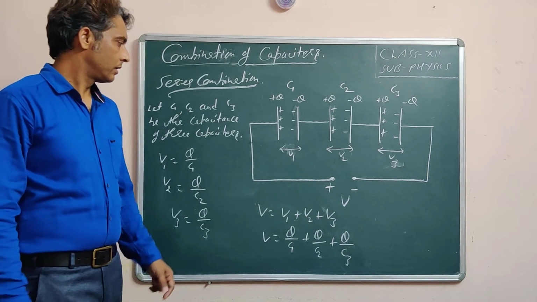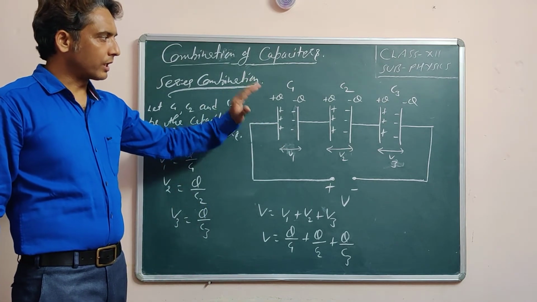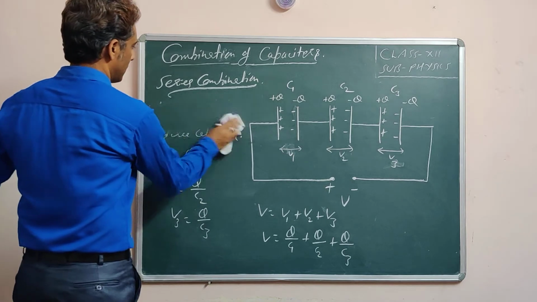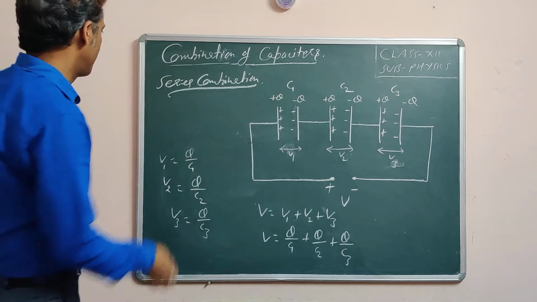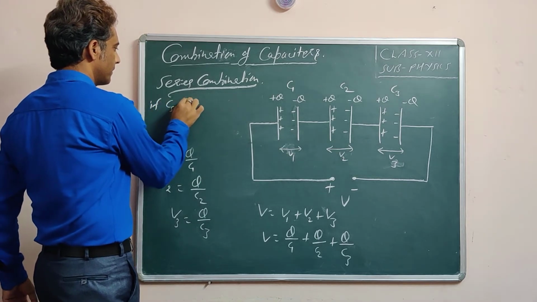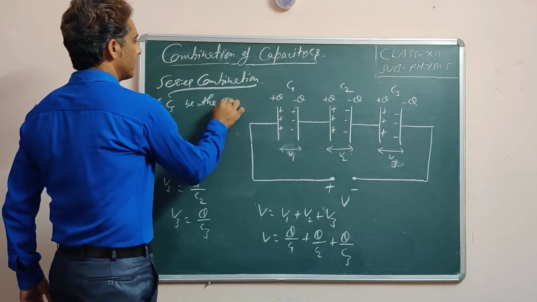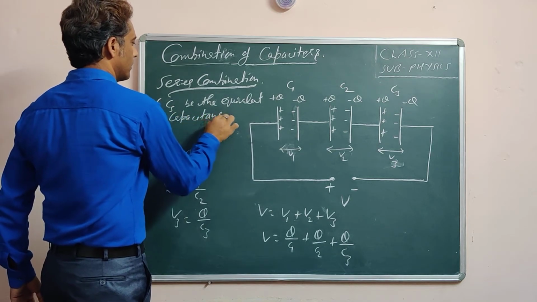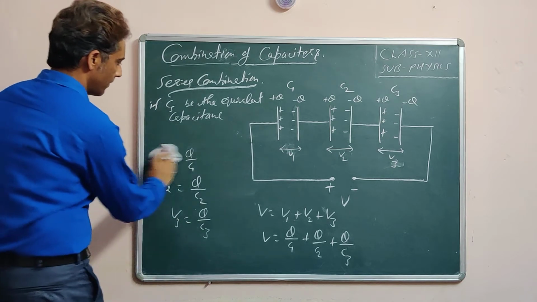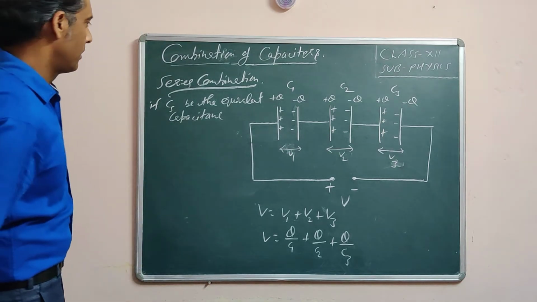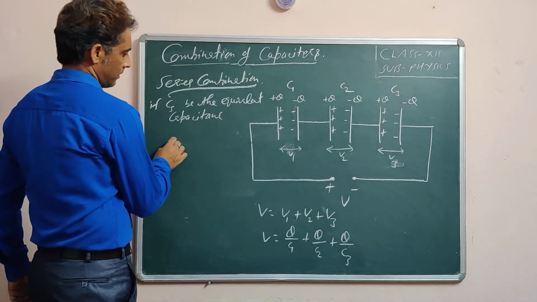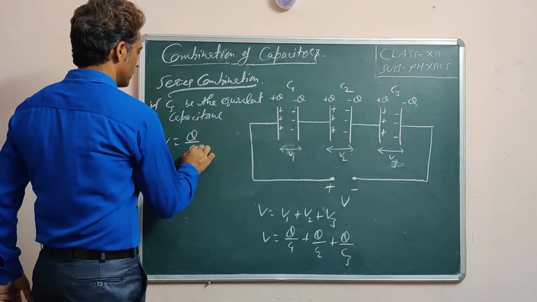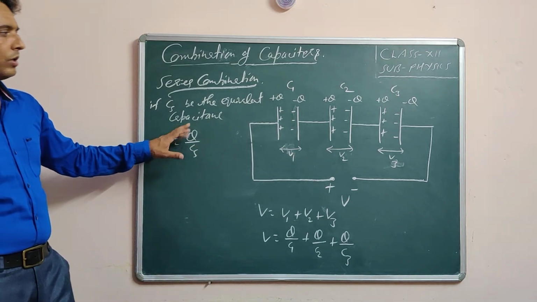Now if I assume that CS is the effective or equivalent capacitance of this series combination of the capacitors, then we can write this V is equal to Q over CS, where this Q is the total charge.